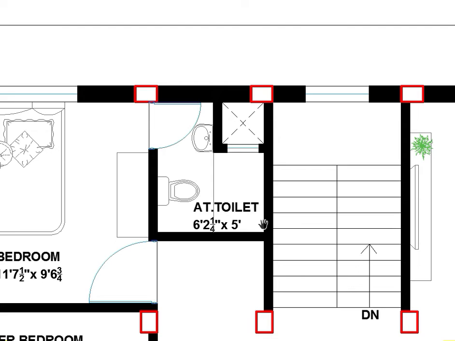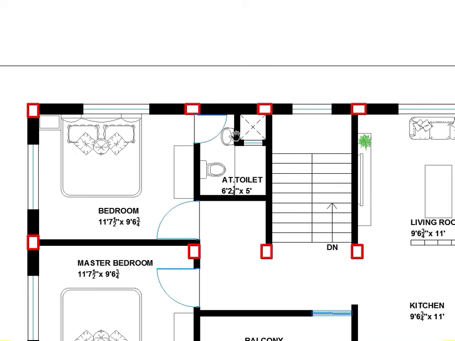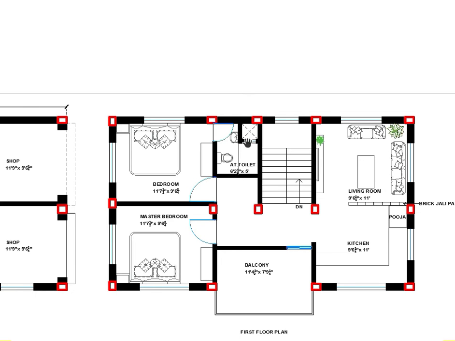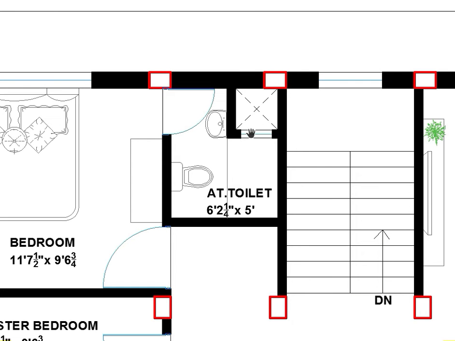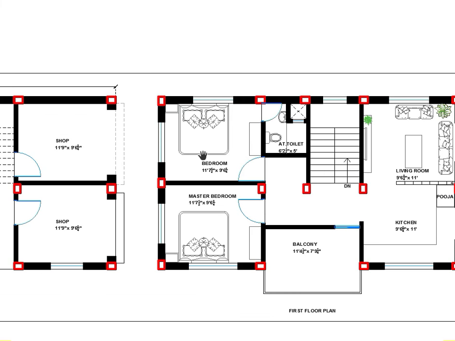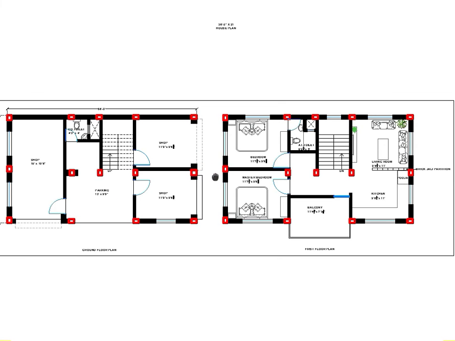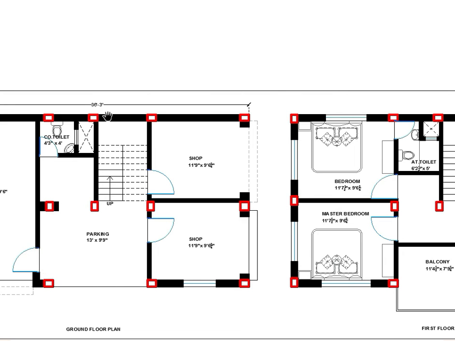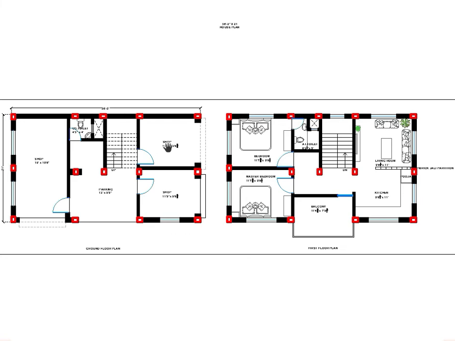It means horizontally 6 feet 2, and vertically 5, including this OTS portion. And here we are providing ventilation for circulation. So we are done with this 21 by 36 house plan.